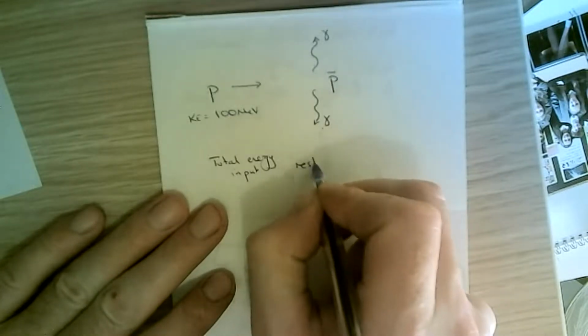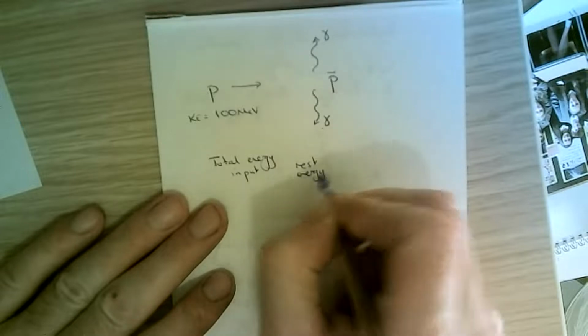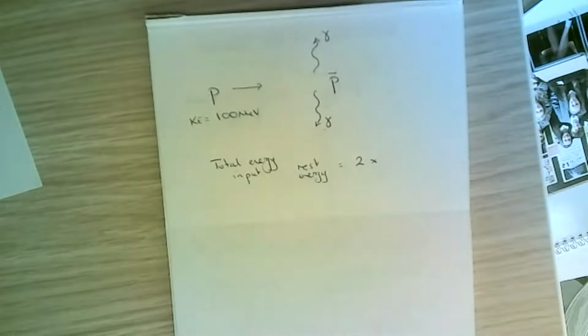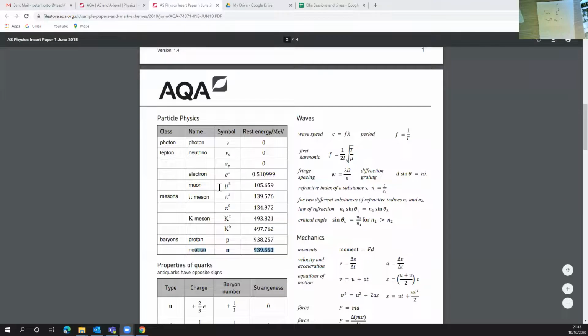So we've got the rest energy, which is equal to 2 times, and then we go to our formula sheet, and we say, oh, well, here's the proton, 938.257 MeV.